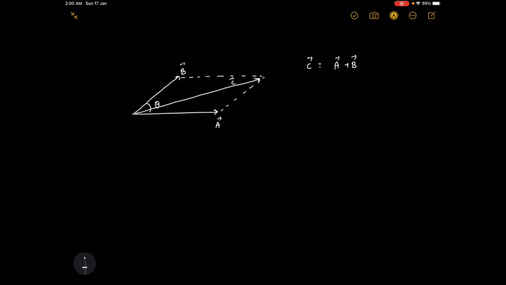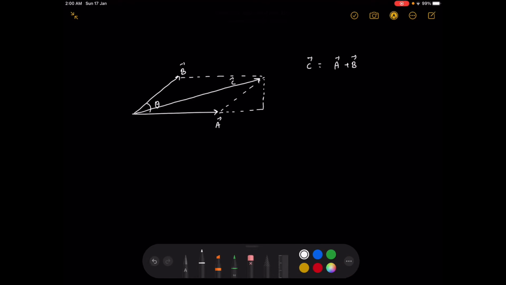Okay. Now we'll try and calculate the magnitude of C in terms of A, B and theta. So for that purpose, let us elongate a little bit and drop a perpendicular like this. Now as you can see, this triangle is a right angle triangle. Fine.